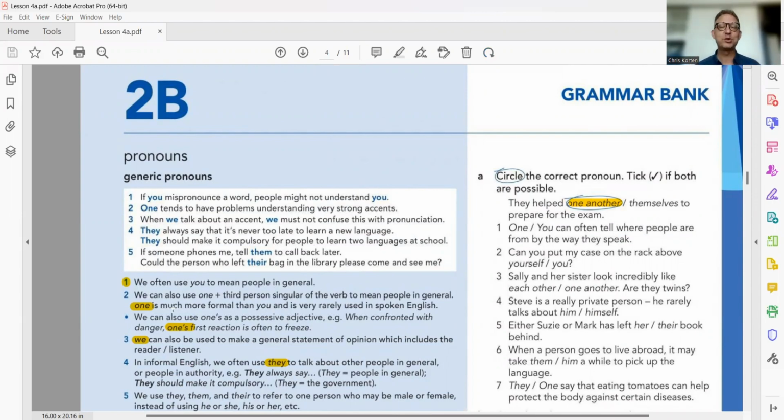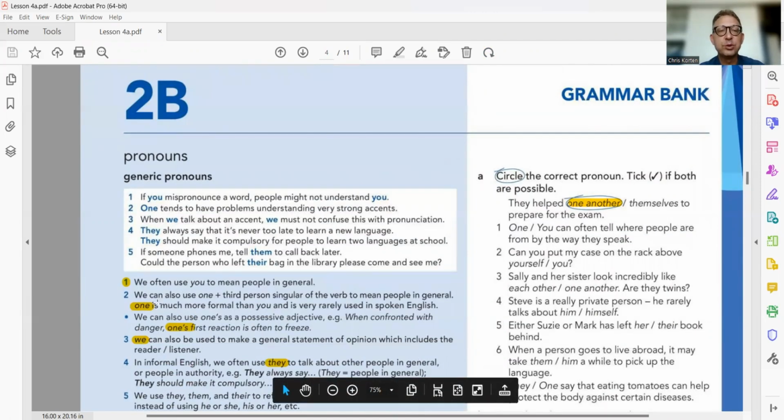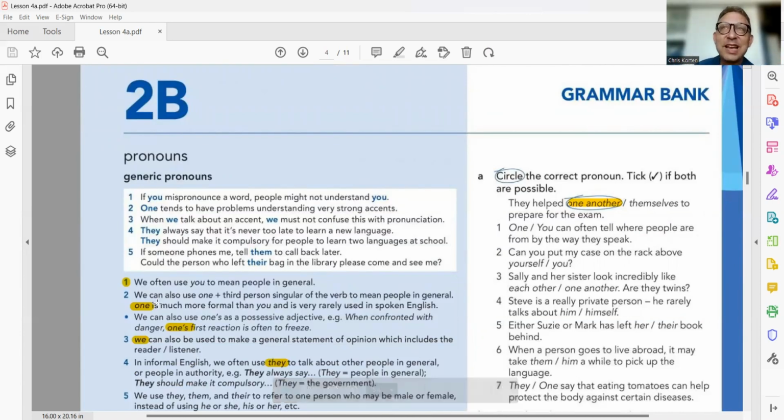If we use the word you, maybe it's not weird for some of these languages, but we can use you to mean something general. I know most of you know this, but it's great to remember as a teacher. Many of you are teachers. So if I'm talking to someone who's a new learner, I say, if you mispronounce this word, people might not understand you.